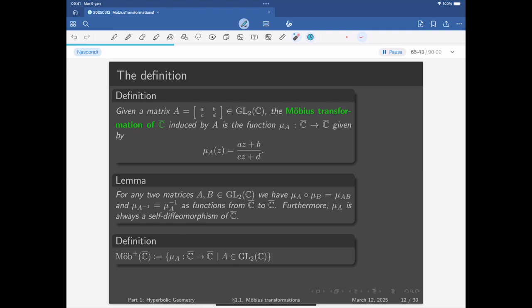Because, for instance, you can see immediately that it is at least a homeomorphism of P1C, because it was induced by a bijective map. Now, when you translate that definition to C bar using the homogeneous coordinates of P1, the ones that I mentioned some minutes ago, this is the formula that you obtain.